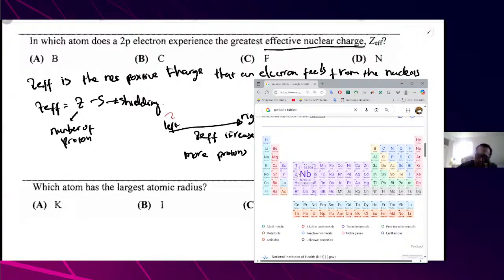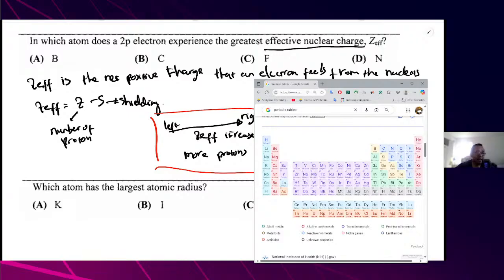Remember this concept of ZEFF: from left to right, ZEFF will be increasing, because there are more protons, and the shielding stays about the same or similar.